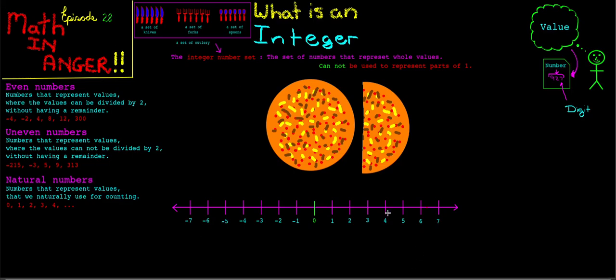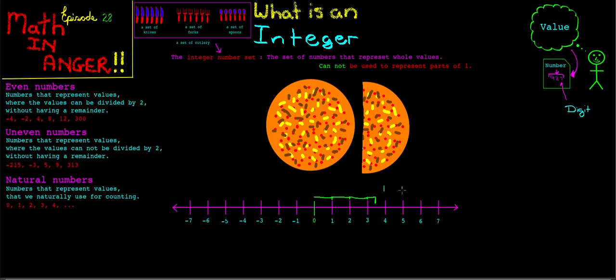So, if you take a look at the number line, from here to here, that's an integer. That's 1. That's an integer. That's an integer. But the moment we start doing that, we are no longer talking about an integer.